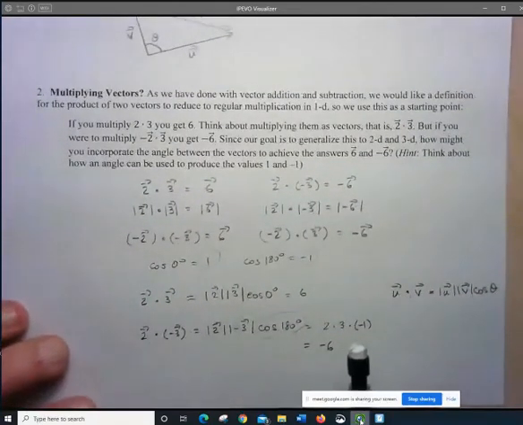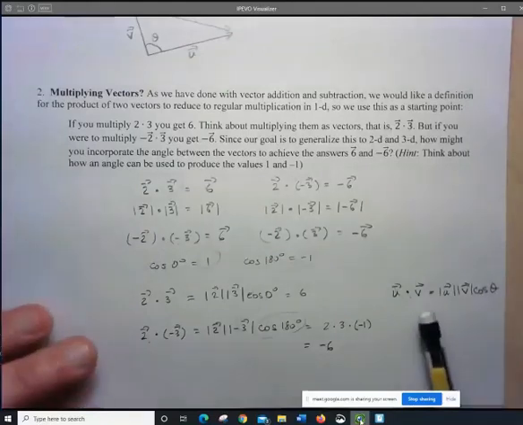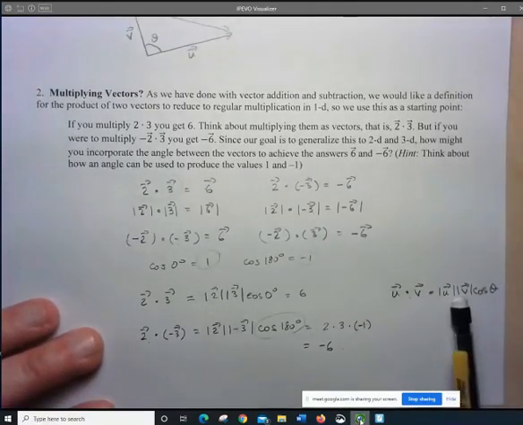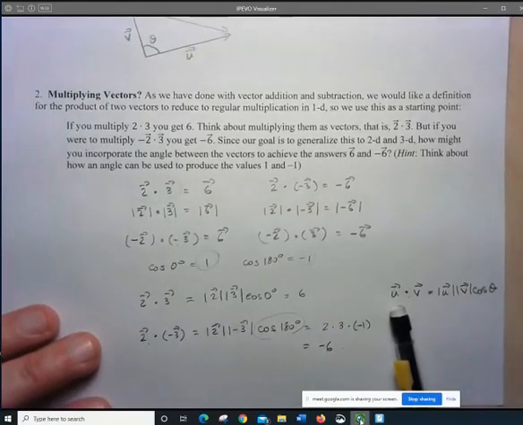Yeah, Amelia, you're one step ahead of me there. This is what we're going to propose as the definition for the product of two vectors.